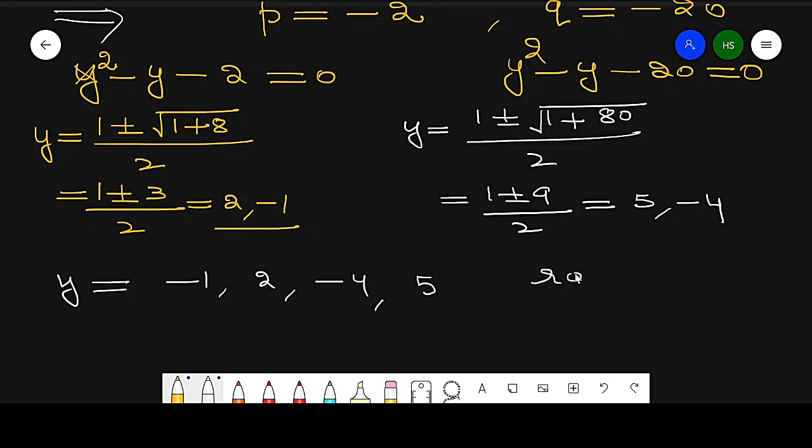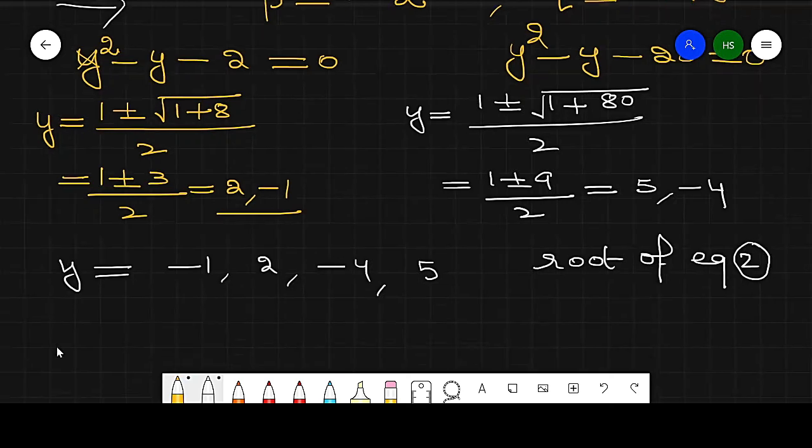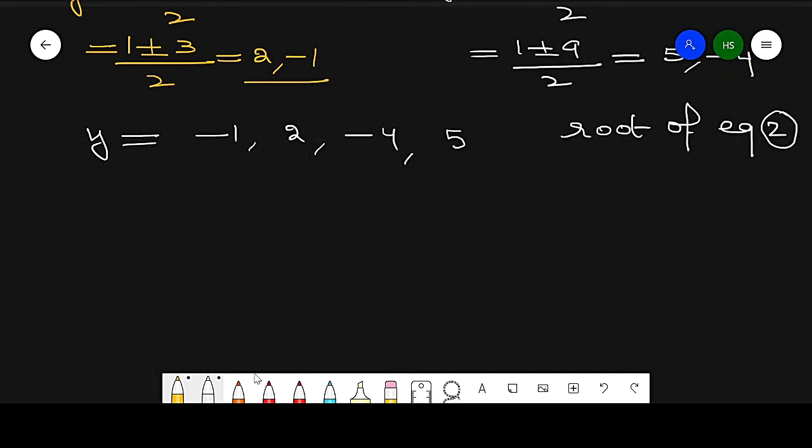These are the roots of equation number 2. But my requirement is the roots of equation number 1, so I take the reciprocals. What are the reciprocals? Minus 1, 1 by 2, minus 1 by 4 and 1 by 5.